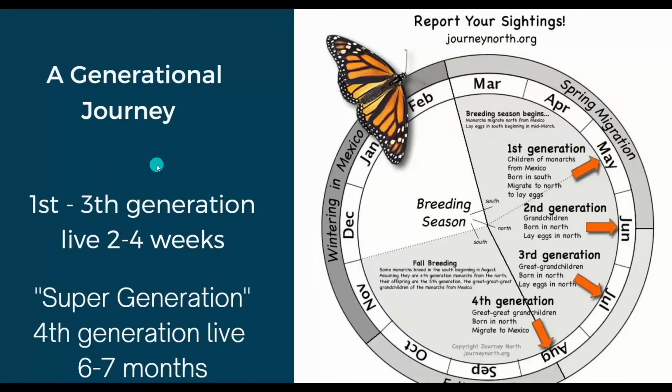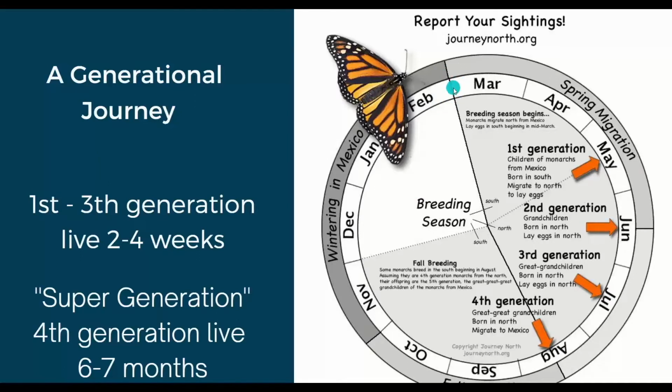Of course, there's also a generational aspect to the monarch journey. So the monarchs overwinter, as I was mentioning, in Mexico. They leave that overwintering site at the end of February.